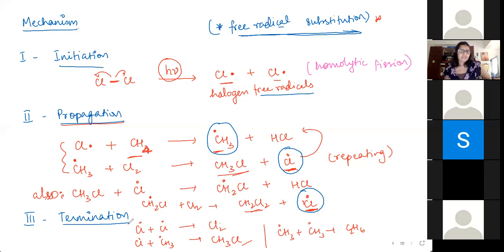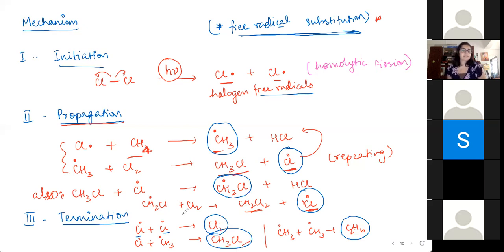And the reaction will end when the reaction between free radicals does not produce any more radicals. You're getting proper molecules in the end. If you end up getting more free radicals, then it's just propagating the reaction. But if a free radical ends up combining with another free radical, then you come to the end of the thing.